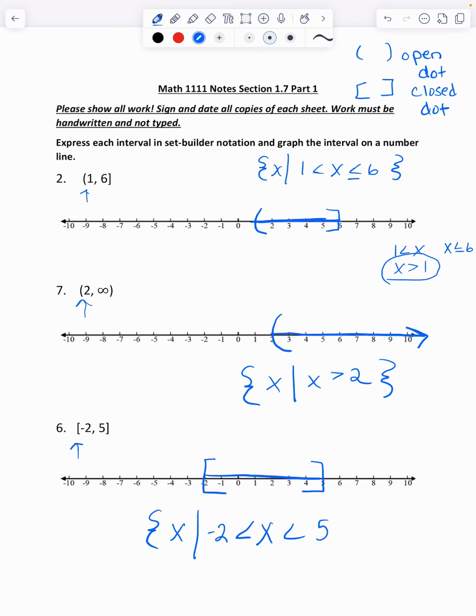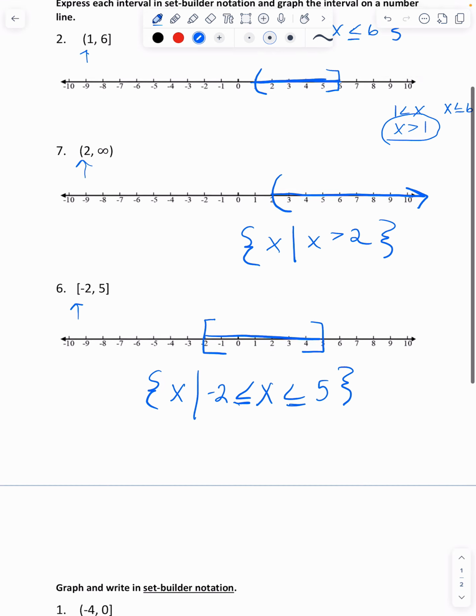This describes the solution set, all the numbers between negative 2 and 5. The only thing we need to correct is to go back and look at your less thans. Since these were brackets, we need an equal to on there. So this means all the answers between negative 2 and positive 5, including negative 2 and positive 5 as part of that solution set.